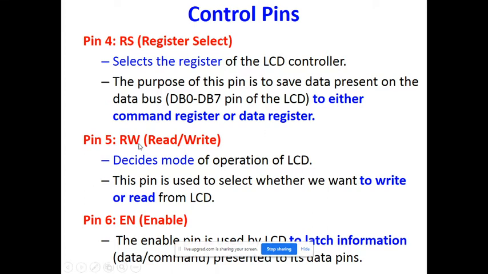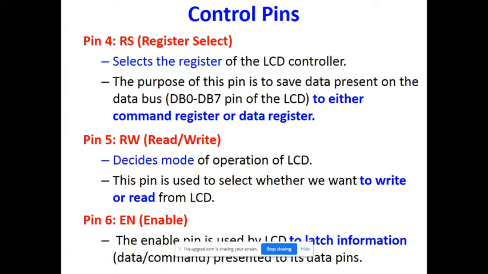Suppose RW is equal to 0, at that time the controller wants to write something on the LCD. Means your data is moving from the controller to the LCD because the controller wants to write into the LCD. Means RW bar is equal to 0. In this fashion, the RW pin declares which action is demanded by the controller. RW equal to 1 means read action. RW equal to 0 means write action.